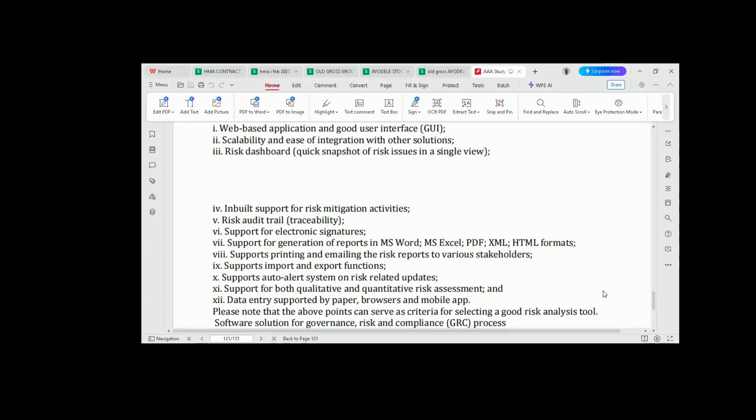Auto alert system means that you have your risk mapping, or you have your risk register, you have your risk matrix. You start from the low, which is always green, the yellow is always medium, then you have the orange as high, then you have the red as very high. So the one that is green, which is low, means that you can resolve it within 3 months or more. The one on yellow means that you can resolve it within less than a month.